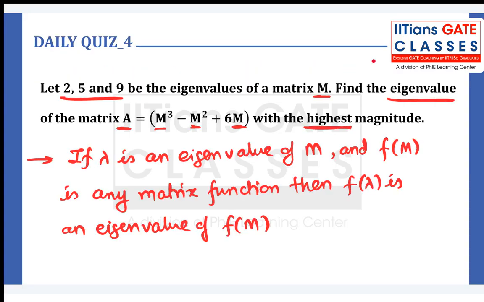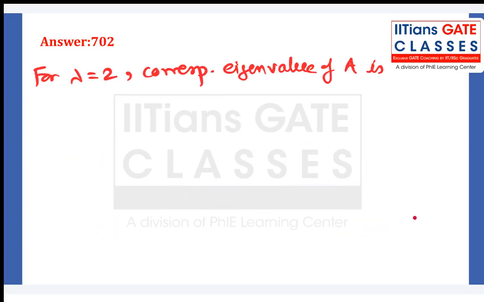This f of lambda in this question will be lambda cube minus lambda square plus 6 lambda. So depending on whatever your lambda is, just put that. Here lambda is 2, so that will be 2 cube minus 2 square plus 6 into 2. That is 8 minus 4, 4, plus 12, 16.